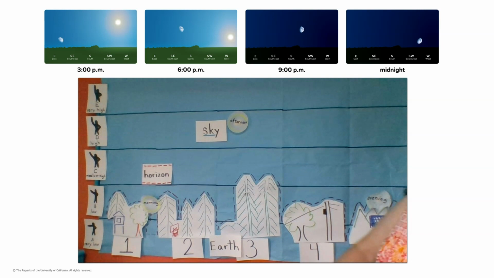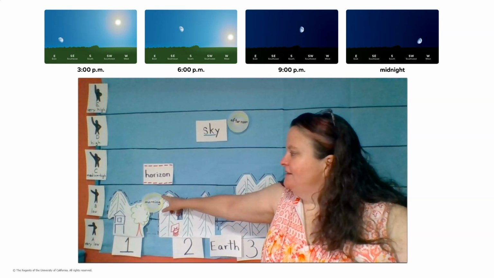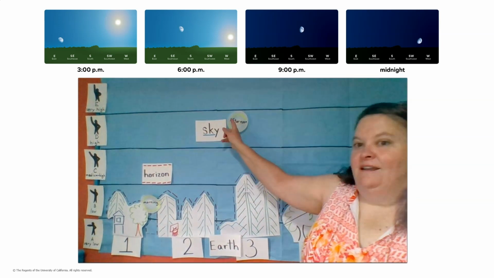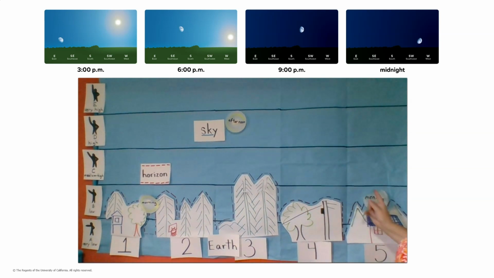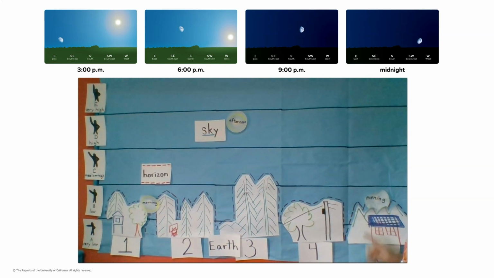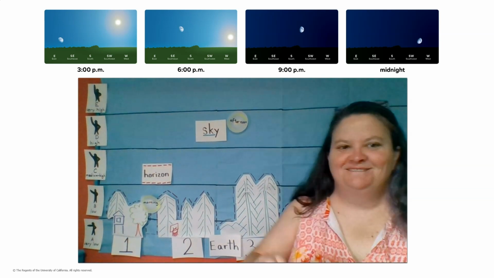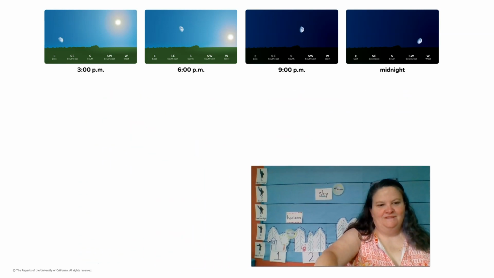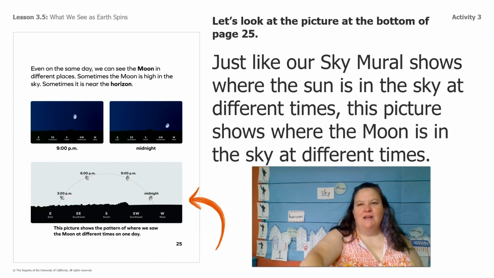Do you guys see the pattern of our sun in the morning and the afternoon and the evening? Just like our sky mural shows where the sun is in the sky at different times, this picture in our reference book shows where the moon is in the sky at different times.